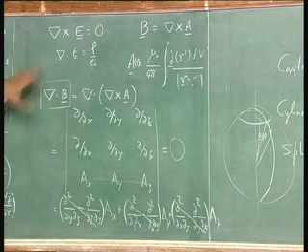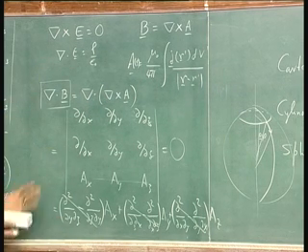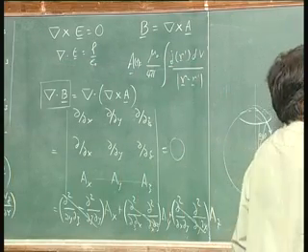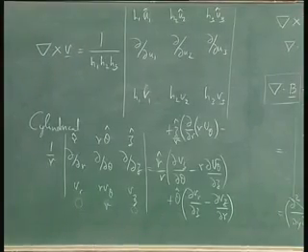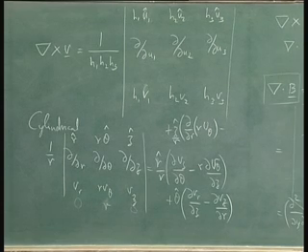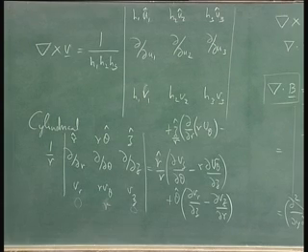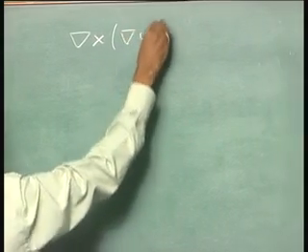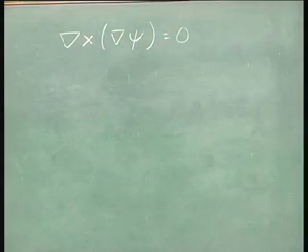Now, we have one other fact, which is that if you look at how we derived for electrostatics, that loop integral E dot dl was 0, actually you can easily show that curl of the gradient of anything is 0.